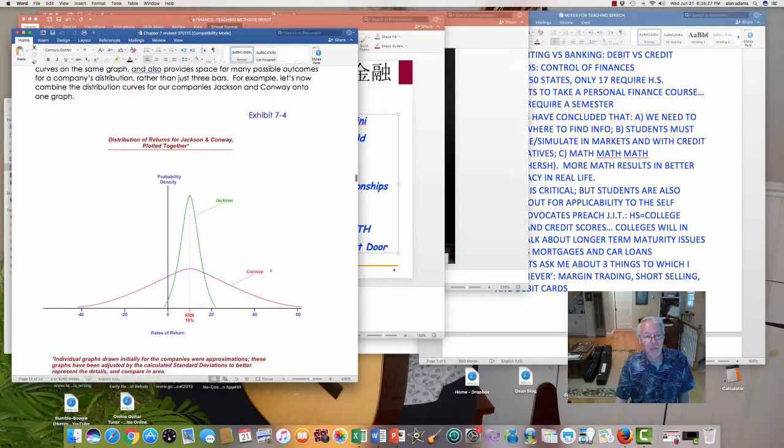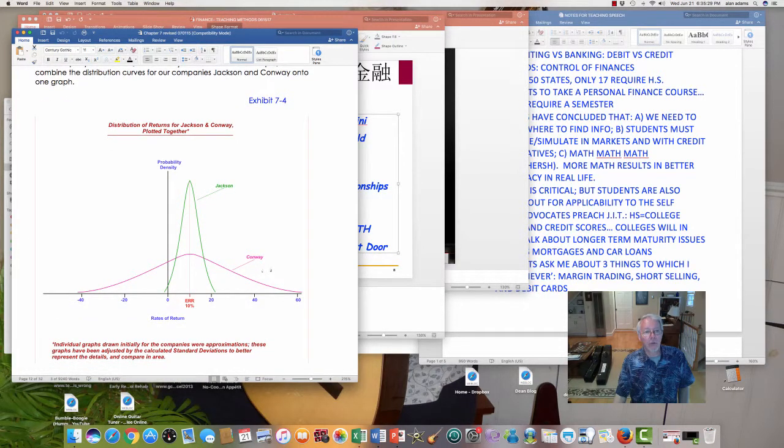Now, one final thing I did is I plotted those 2 curves together. And in order to make it valid, I changed the name of that y-axis to probability density. Don't worry about that. You're not responsible for that. I did so only because I wanted to put both bell curves on the same graph. You'll notice that the shape is pretty much as we expected.